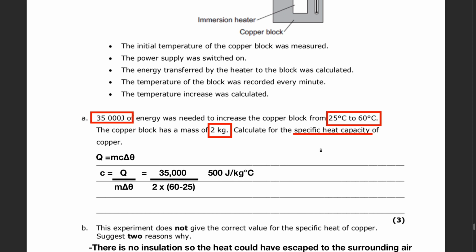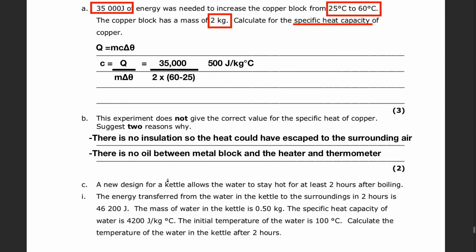Secondly, the diagram, or those steps, do not indicate that there was any oil put between the metal block and the heater, or the metal block and the thermometer. As we had said when we did the experiment, the oil would be important to ensure that there is perfect contact between the heater, the thermometer, and the metal block.